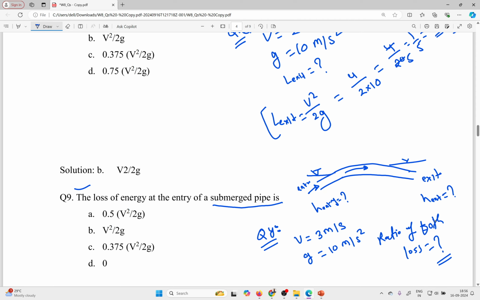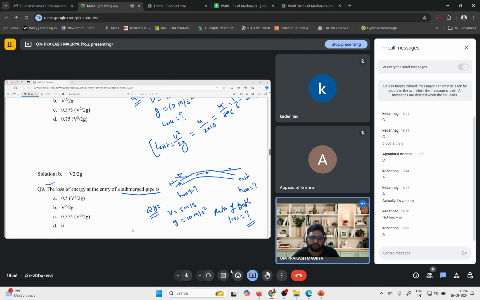That is the head loss at exit divided by H entry. So first of all, please try to give your answer for question number 9. Then you try to solve question number Y.